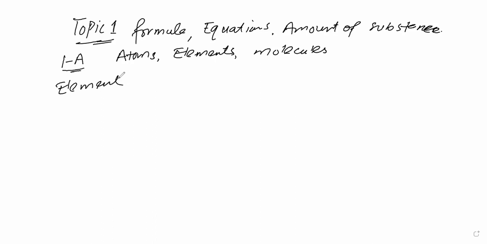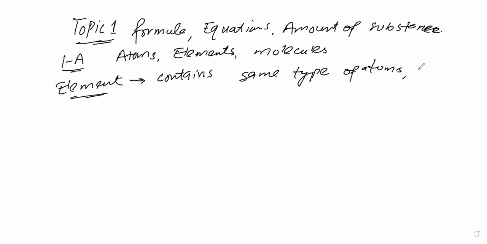What is an element? Elements are given in the periodic table, and an element contains the same type of atoms, which have the same atomic numbers.